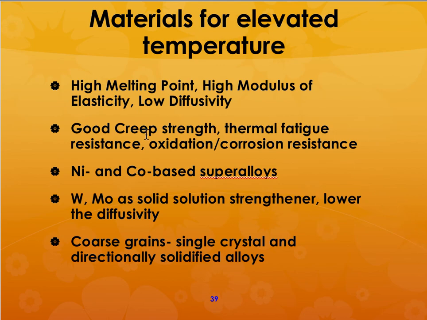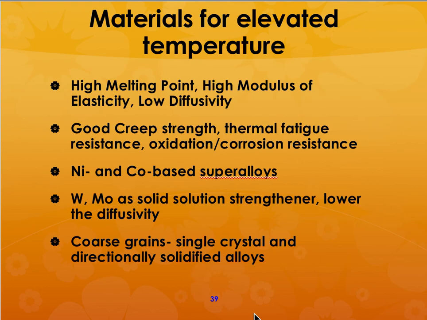So what are some of those types of materials? Nickel and cobalt based superalloys. And you use tungsten and molybdenum as solid solution strengthening, and it also lowers the diffusivity of the materials. Then you try to use these materials with coarse grains.